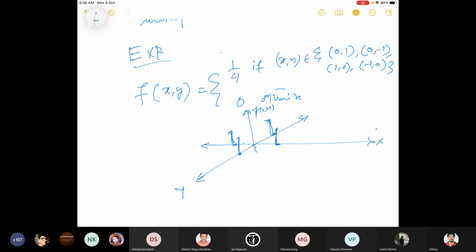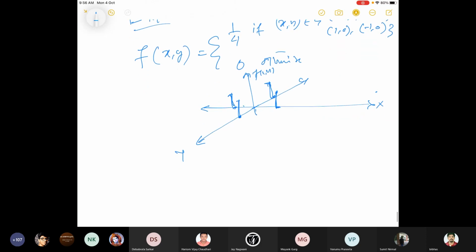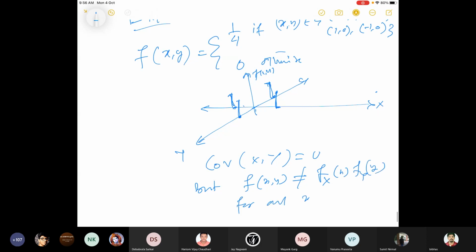This is the PDF which is given to you. Then find out the covariance and show that it is equal to 0, but f of xy is not equal to f of x times f of y for all x, y. This we have to find out. Then you can claim that the converse need not be true.